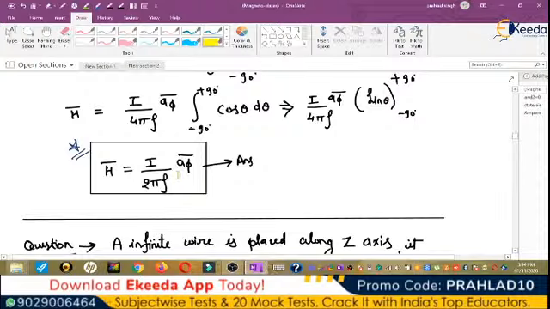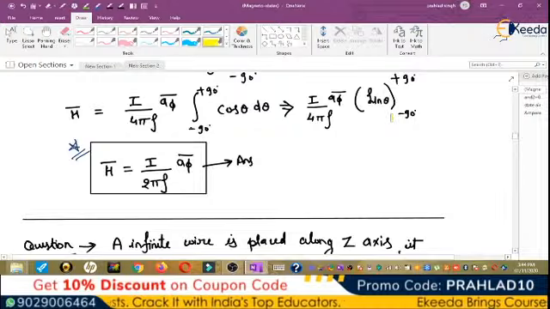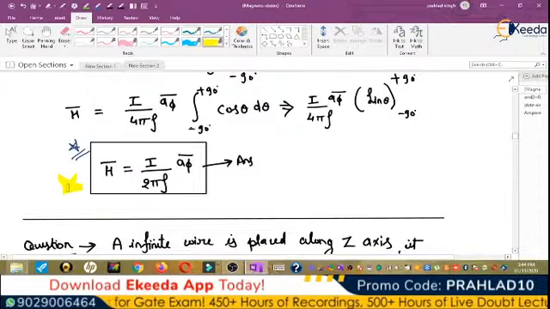So the H vector is I by 4 pi rho times sin 90 minus sin of minus 90, so it is 2. So the H vector is I by 2 pi rho a_phi vector.